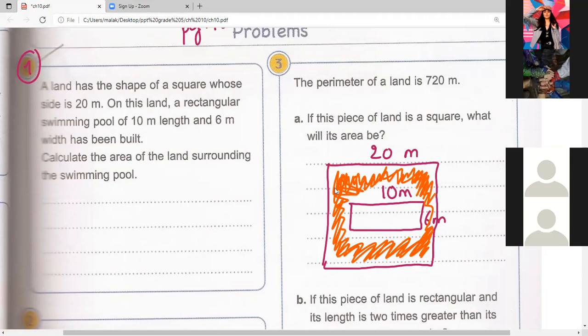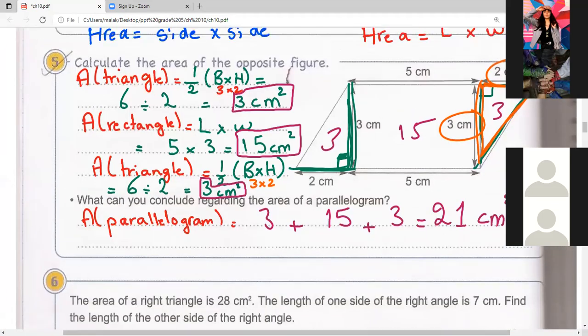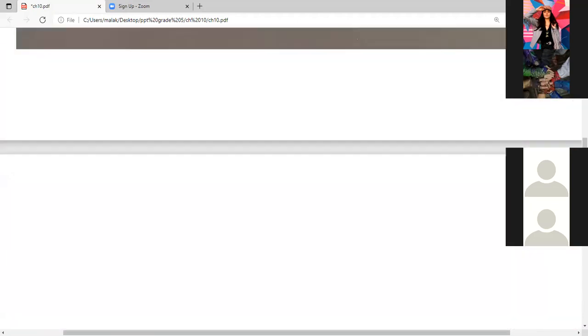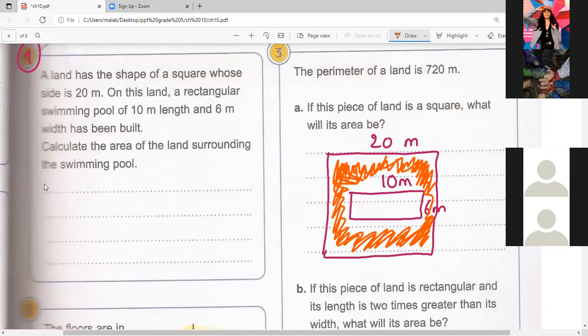This is the opposite of the problem that we did now. In the parallelogram we are finding the total area, so we added all the areas together. Here we find the area of the square and the area of the rectangle. How will we find the area of the colored part?